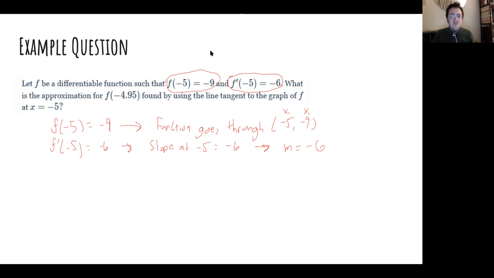So I have a point and a slope. Guess where we are going? We're going back in time to Algebra 1, where we are going to be looking at the point slope form of an equation of a line.